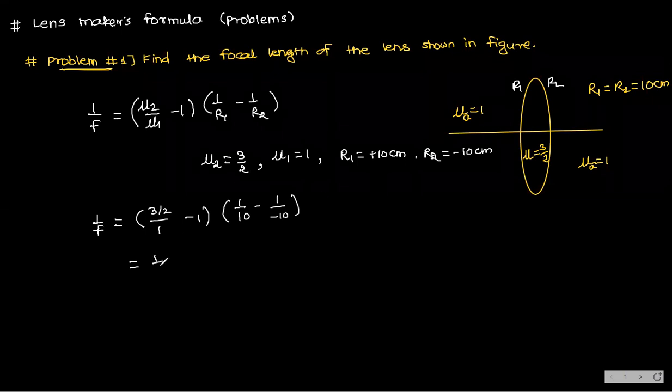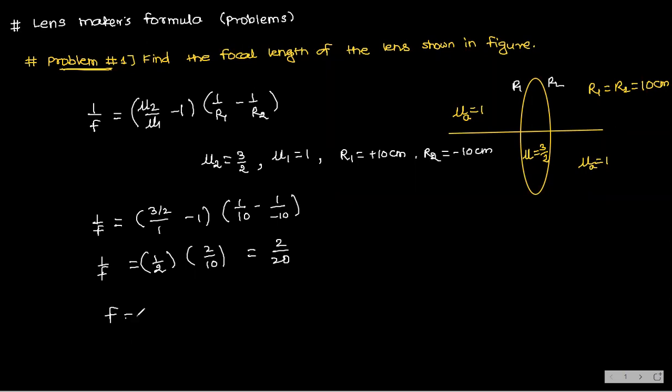It means just 1 by 2. And this side, you see, this is 1 by 10 plus 1 by 10. This is nothing but 2 by 10. This is what? 1 by f. And therefore, this is nothing but 2 divided by 20. Take reciprocal. F is equal to 20 by 2, which is equal to plus 10 centimeter. And therefore, focal length of this lens is equal to plus 10 centimeter.